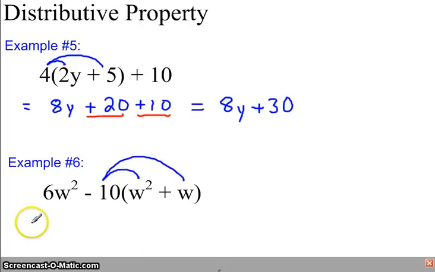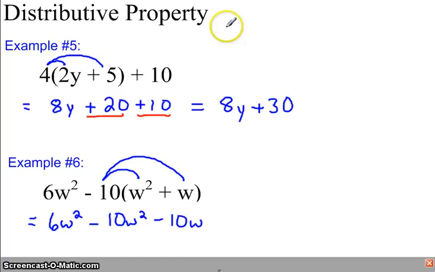So first of all, we're just going to rewrite this doing the distributive part. So this would be 6w squared. Negative 10 times w squared would be negative 10w squared. Negative 10 times w gives us negative 10w.